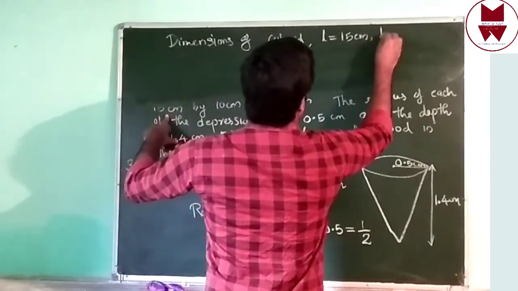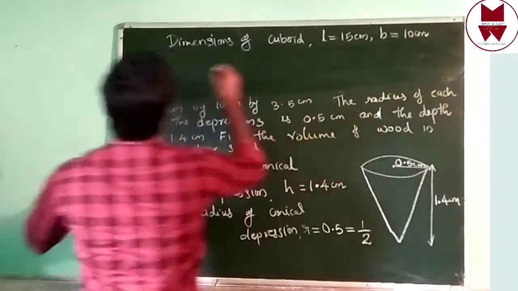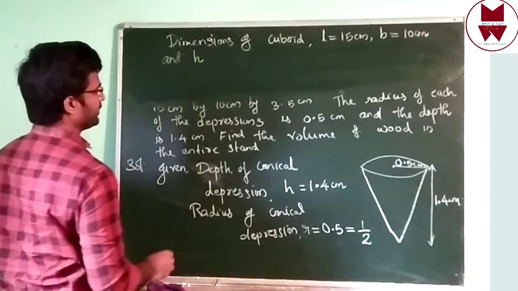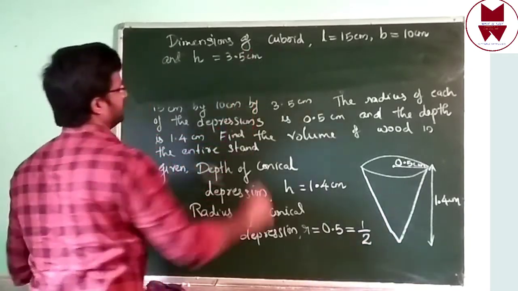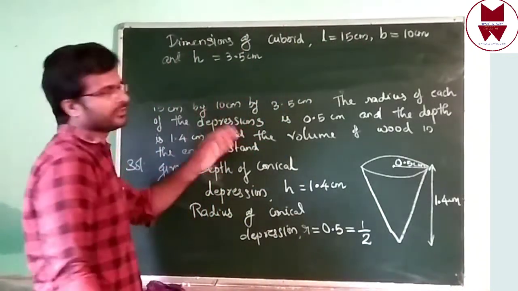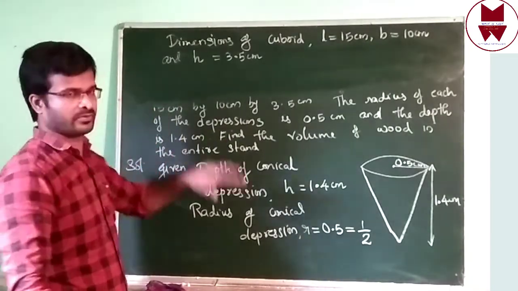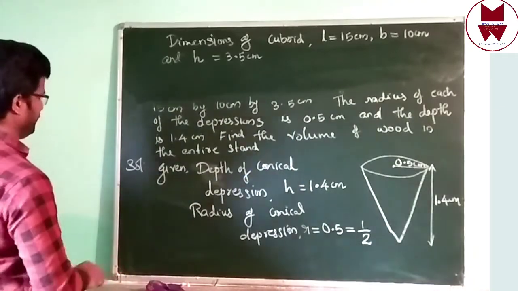The width is 10 centimeter. Height equal to 3.5 centimeter. This length, width and height, you can take any number because they are not mentioned. This is length, this is width, like that. Anything you can take for the 3 numbers.